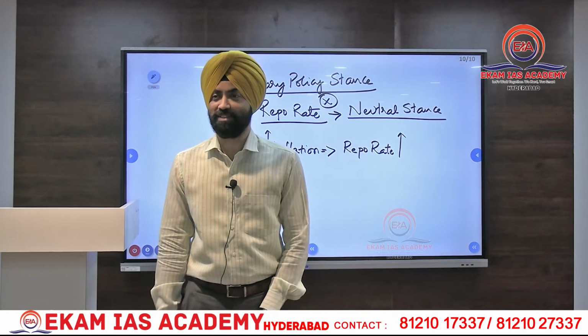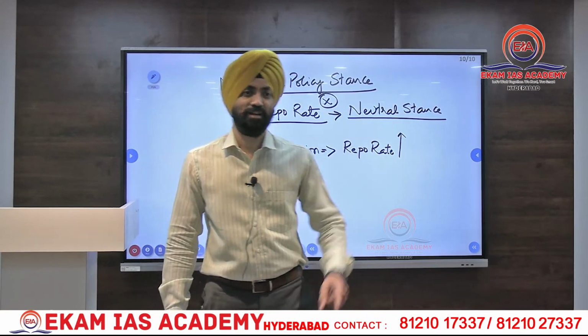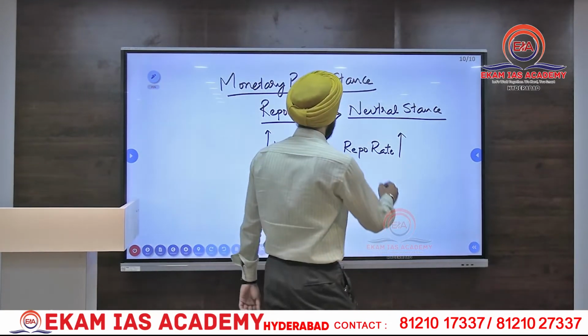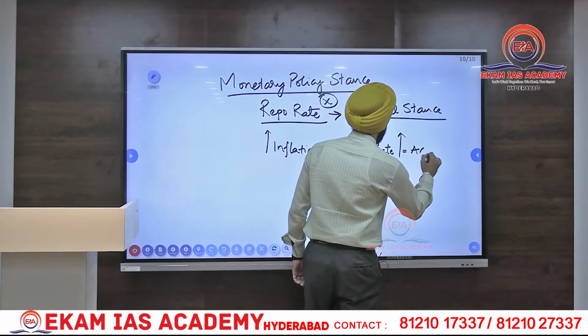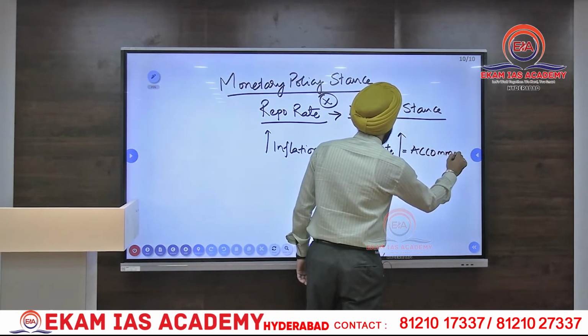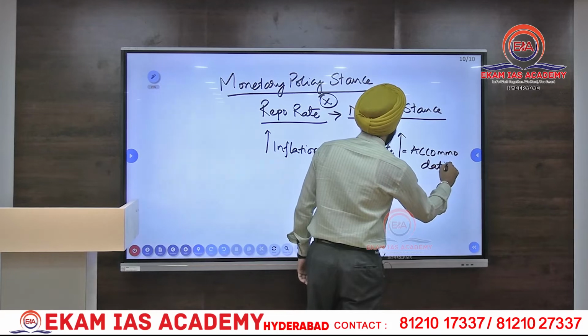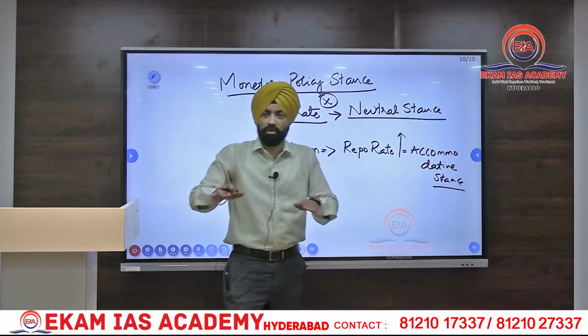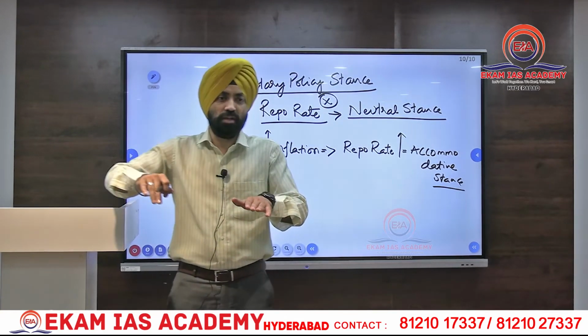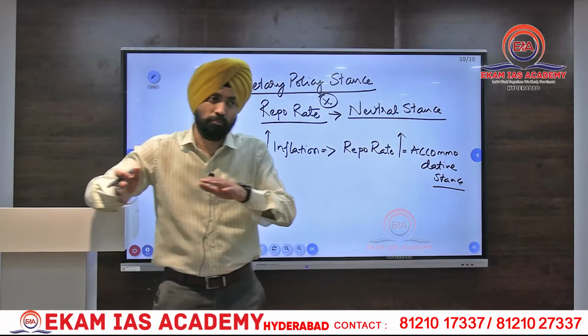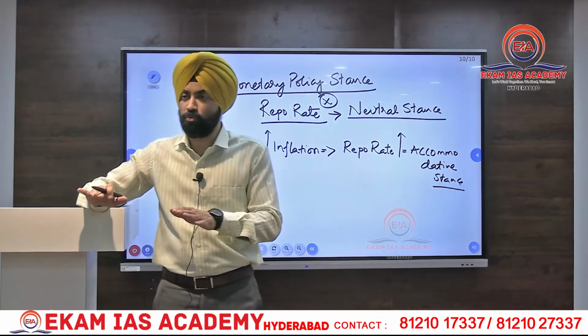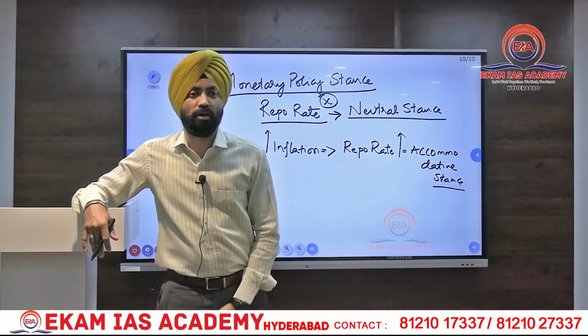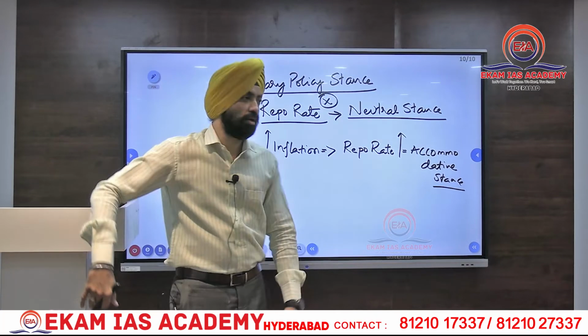Anything, according to your own wish. Yes? Accommodative stance. Very good. Because it has to bring neutrality in the economy. Anything which tries to bring back the neutral position is called the accommodative stance of RBI.